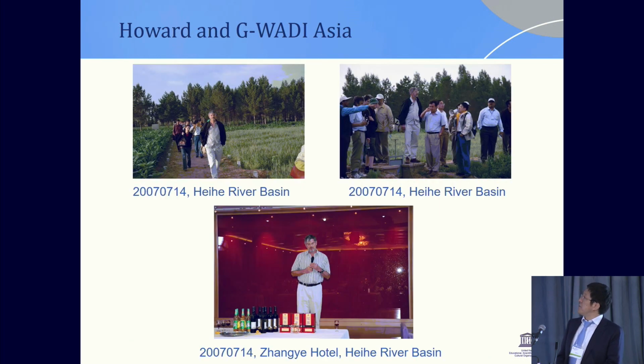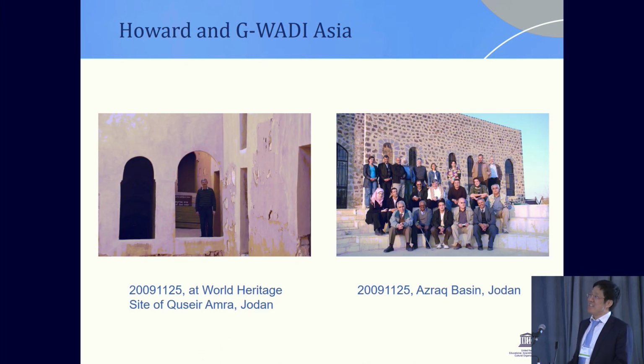And here are some photographs in the field. You can see in our closing ceremony, Howard was going to address the audience. He's looking at all this kind of liquor, wine, and Chinese baijiu. And he also organized other events in other Asian countries.